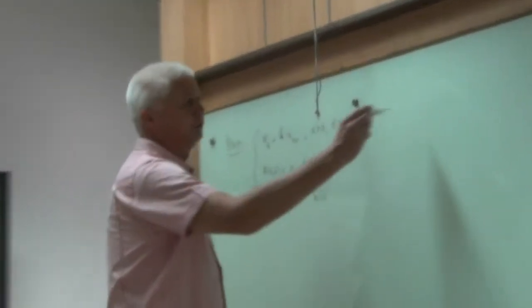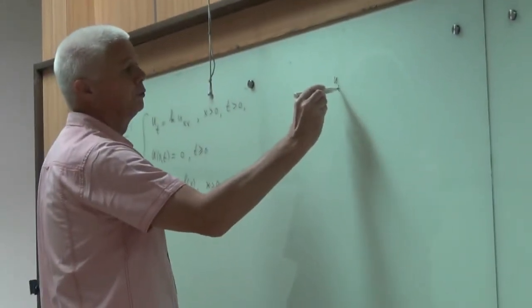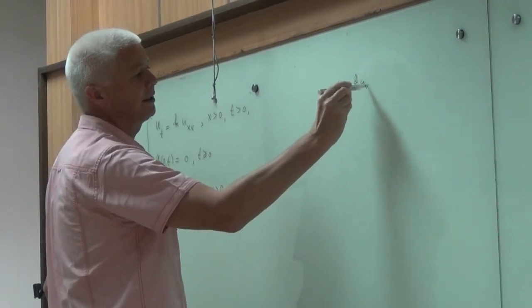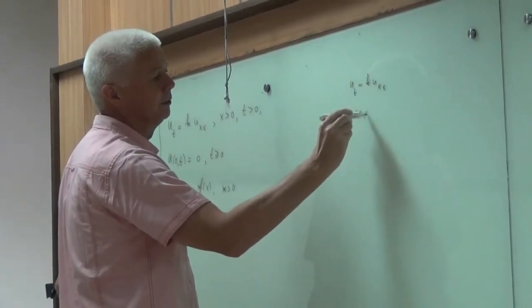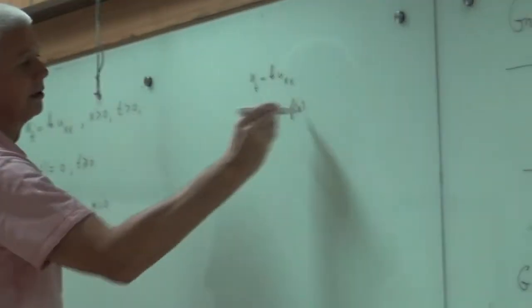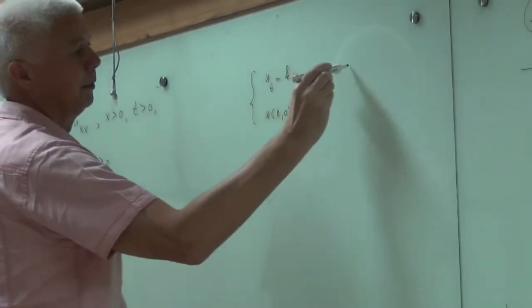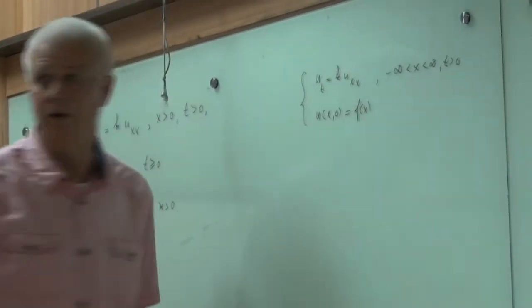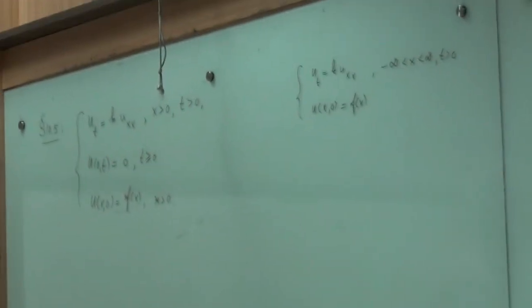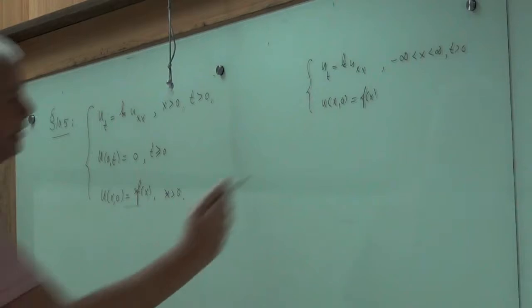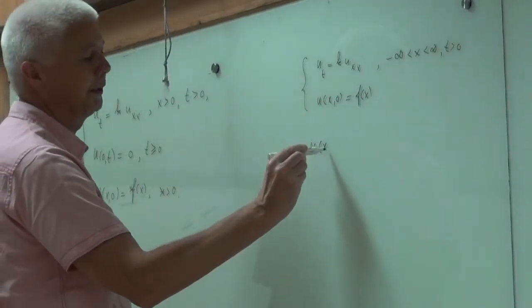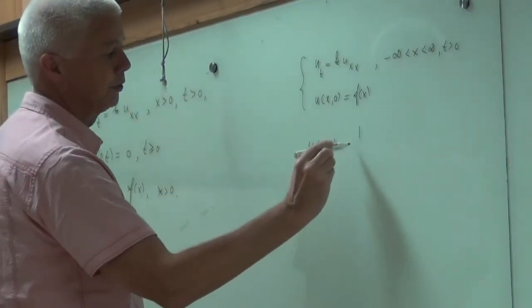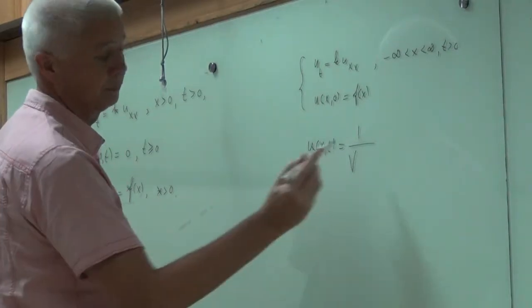We earlier solved the problem u_t = k u_xx, u(x,0) = f(x), and we solved that problem on the infinite domain. Yeah, that's what I started with yesterday. And then we found that the solution u(x,t), that was 1 over the square root of, well, what was it?